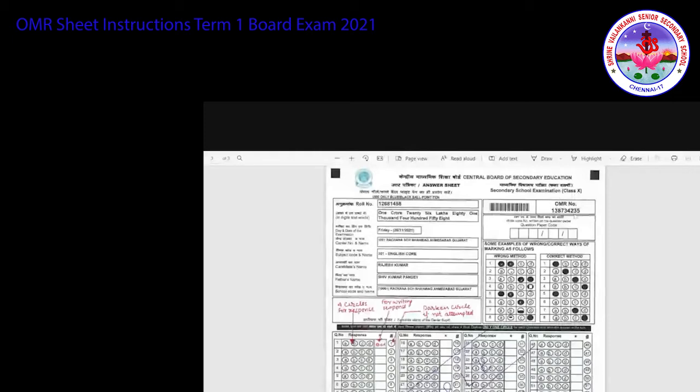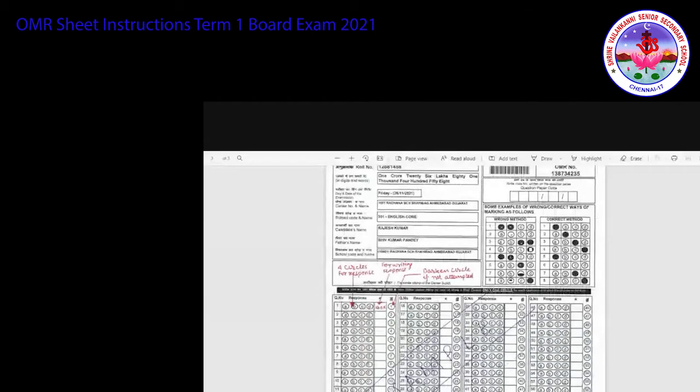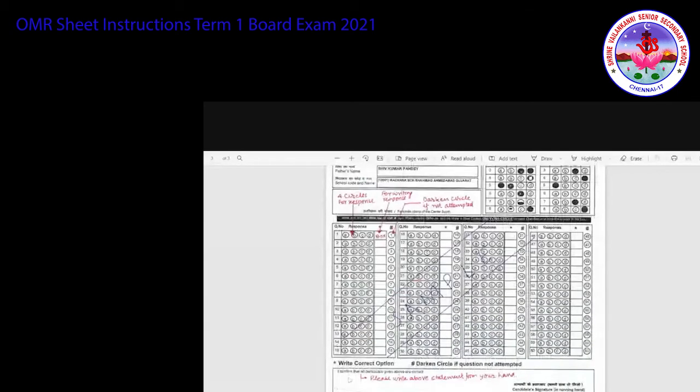Now, the candidate has to write in his or her own handwriting.